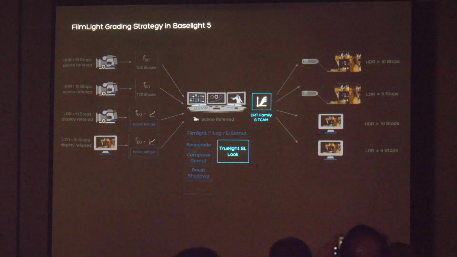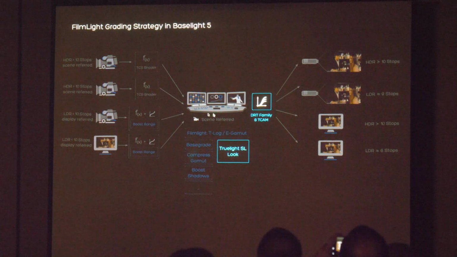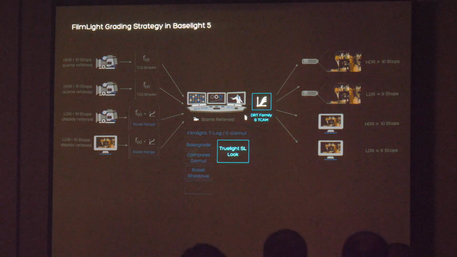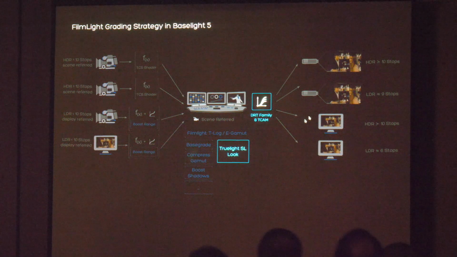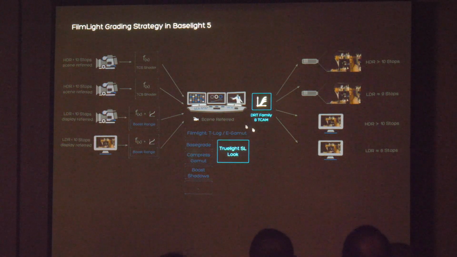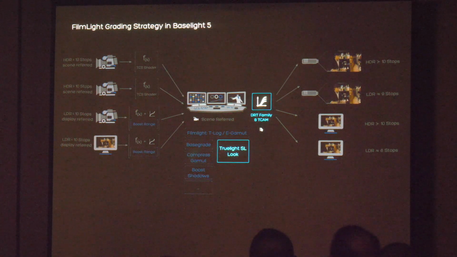One of the main things is that the scene-referred graded data gets converted with the DRT, a display rendering transform, to the display that you're currently using on the fly. We also created our own display rendering transform called TCAM, or FilmLight CAM, and CAM stands for color appearance modeling.